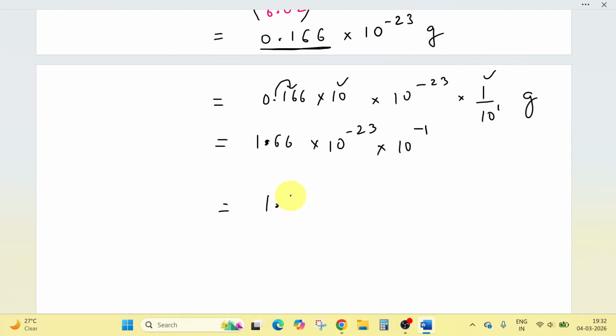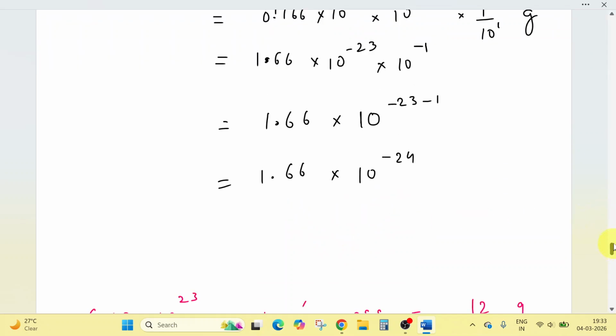So it is 1.66 into 10 to the power minus 23 minus 1, এক্সপোনেন্টটা করেছো তো, অ্যাডিশন ক্লাস 8 এ করেছো তাই না দেবদীপ, করেছো তো? So 1.66 into 10 to the power minus 24. তাই তো? So this much gram.